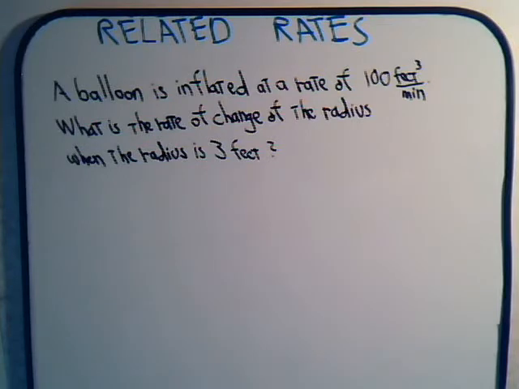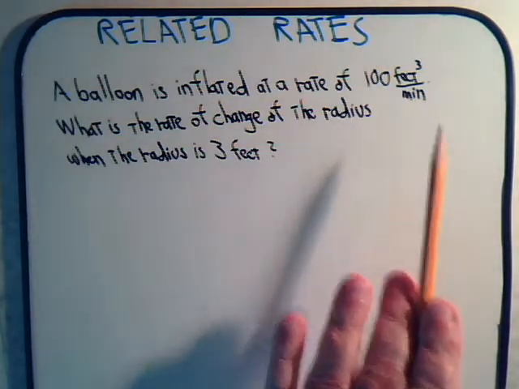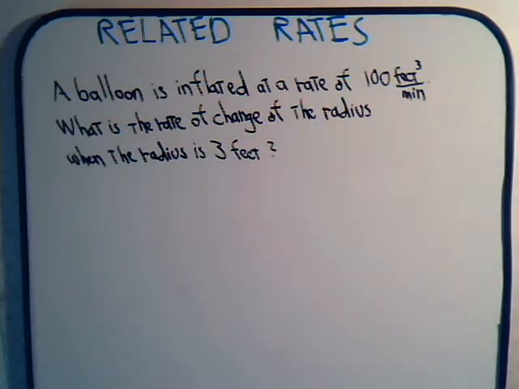So there's two main variables in this problem, the volume and the radius. And since this is a balloon, we can assume that we're dealing with a sphere. We know the rate of change of the volume of the sphere, that's this. Now we're asked to solve for the rate of change of the radius at the moment when the radius is equal to 3 feet in length.